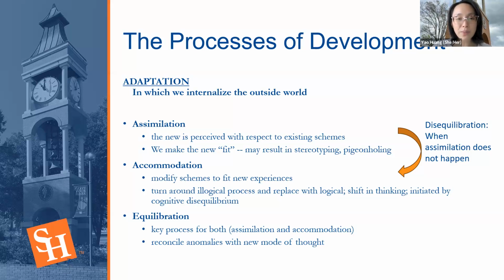If the new knowledge or new skill doesn't quite fit the previous knowledge or skill, this is where disequilibration happens. We try to adapt or reshape our understanding or skills in order to reach equilibration. So it happens through both assimilation and accommodation. So there is a link: in the previous cognitivism we talked about schema, and here we talk about how to develop new skills to fit into the existing schemes.